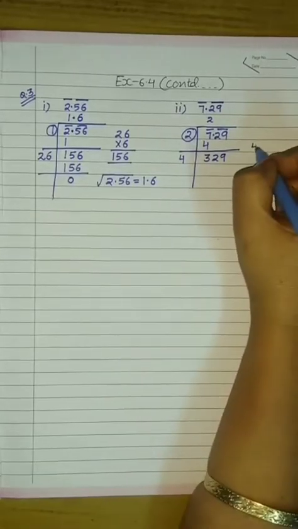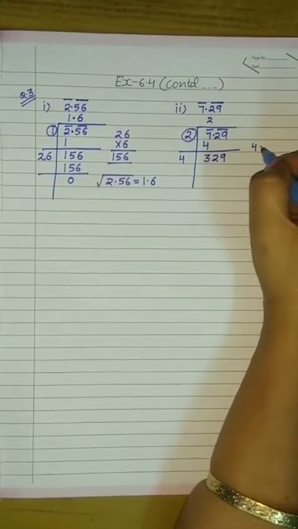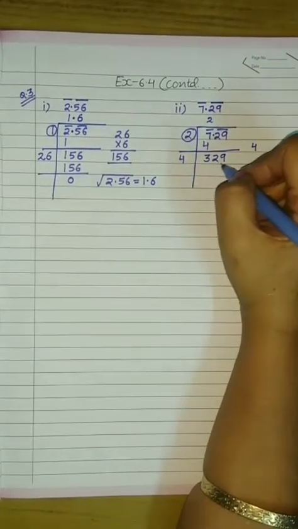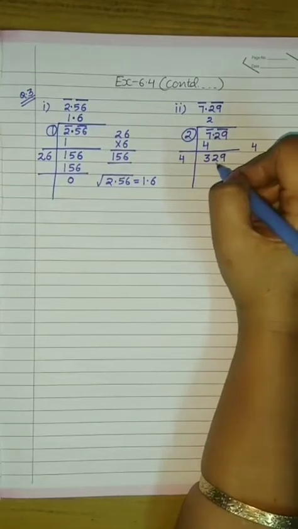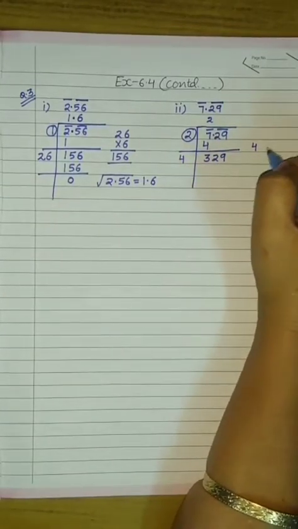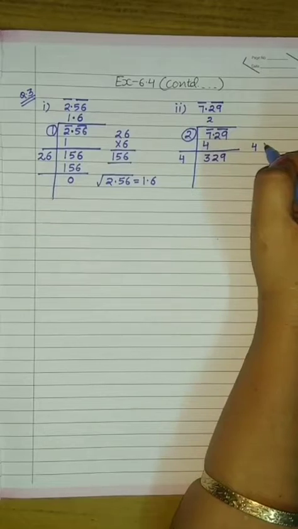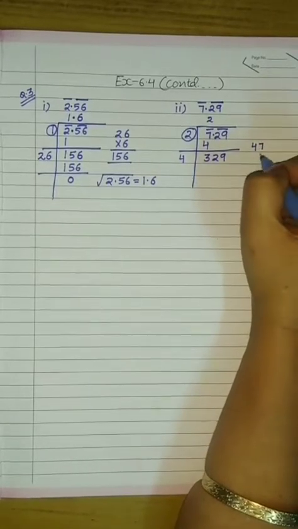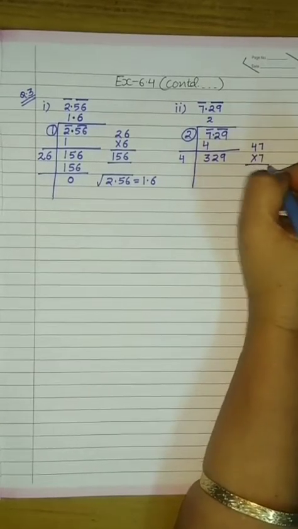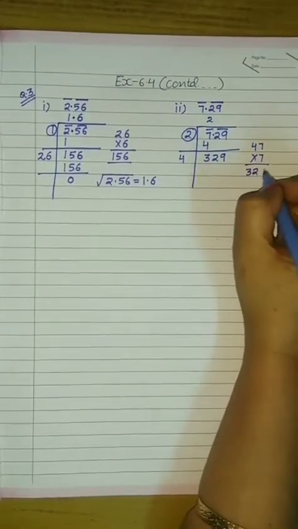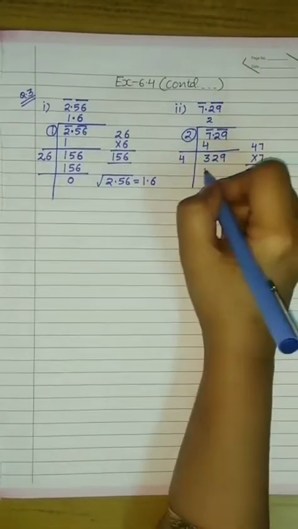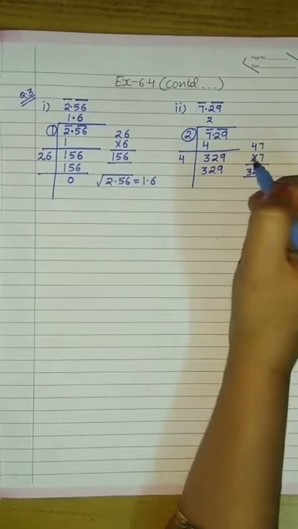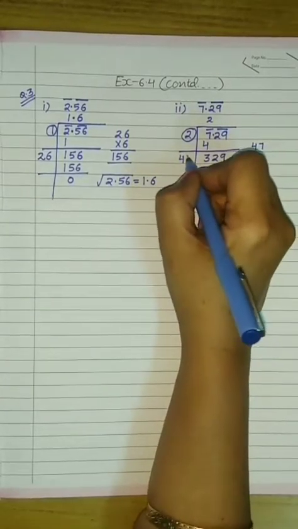After 4 we will write a number which, on multiplying itself, gives a number equal to the new dividend, that is 329. So the number will be 7. So 47 into 7 is 329. So I will write 7 after 4.